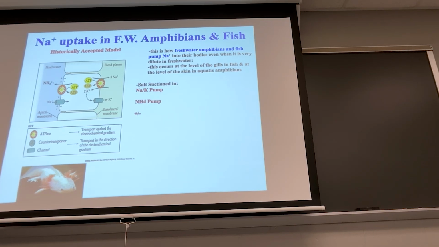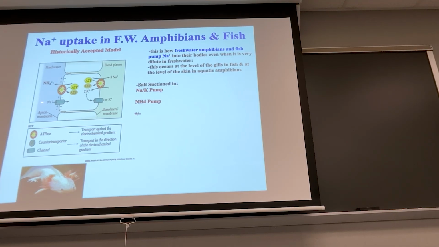And the mechanism that really is driving this is the sodium-potassium pump. So the sodium-potassium pump here is keeping sodium low in the cell. That gives us a slightly negative intracellular side of the apical membrane and a slightly positive pond water side, right? And that will attract sodium.